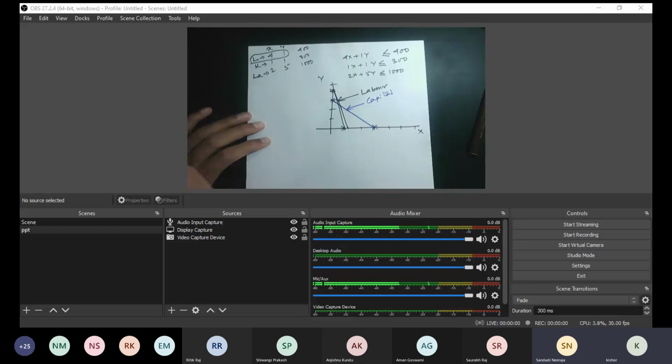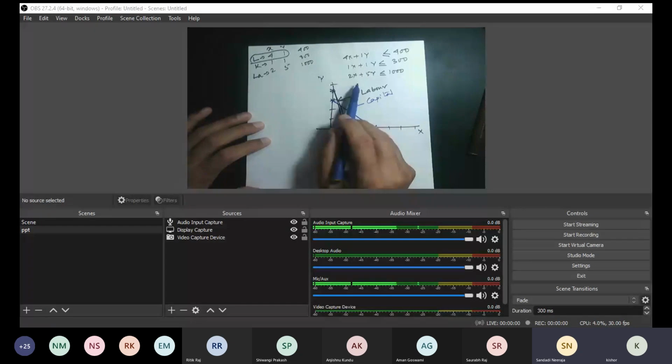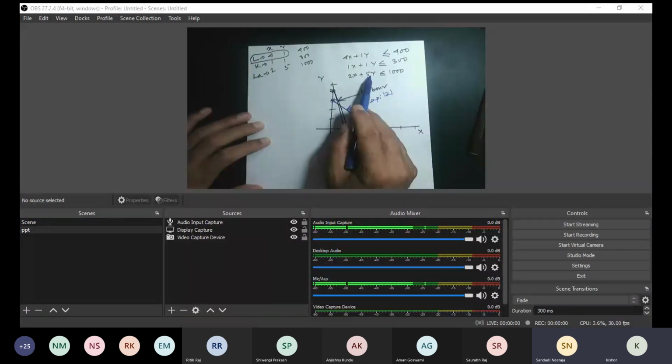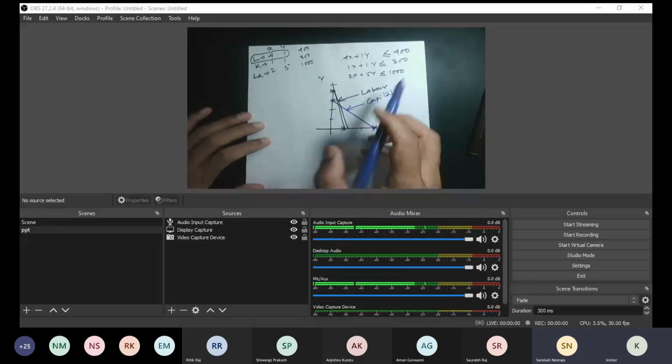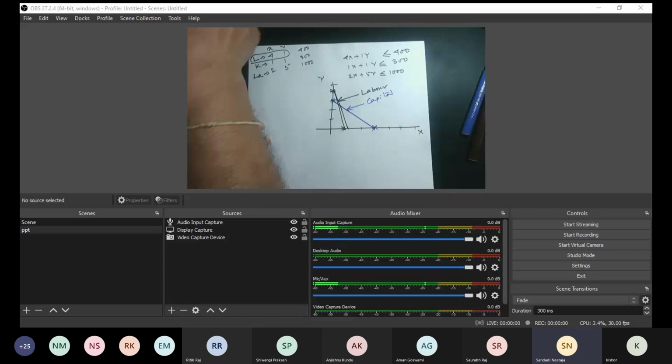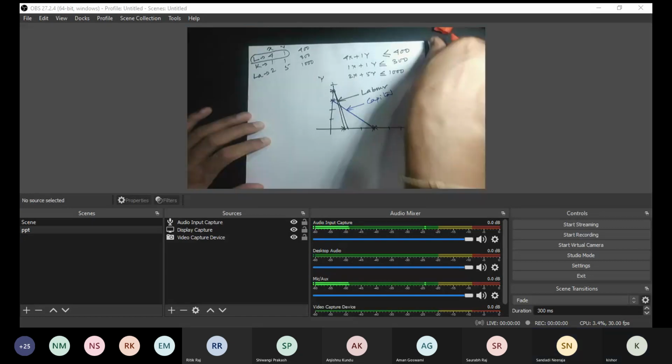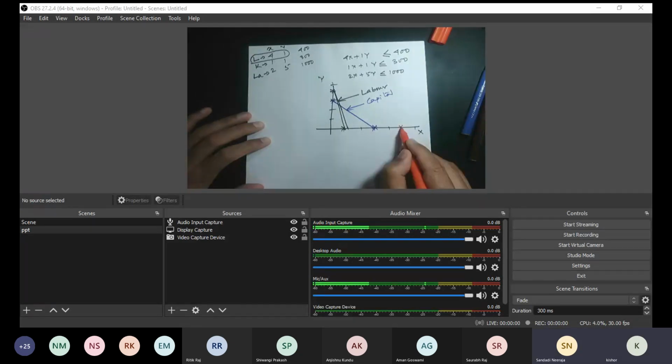Any point on this line represents full utilization of that resource. So in this case, it will be 2x plus 5y. If y is 0, it will be 5, so somewhere here you will get a point, and in the other case you will get a point somewhere here.